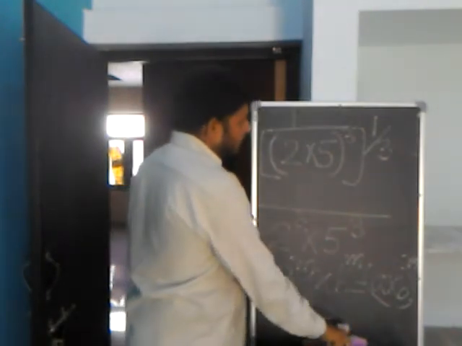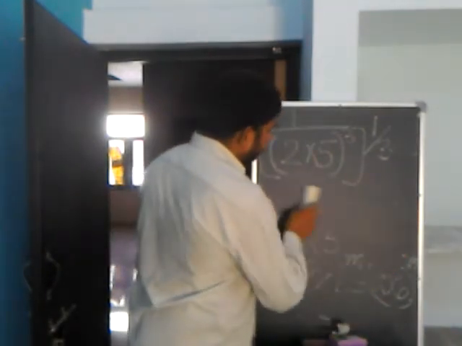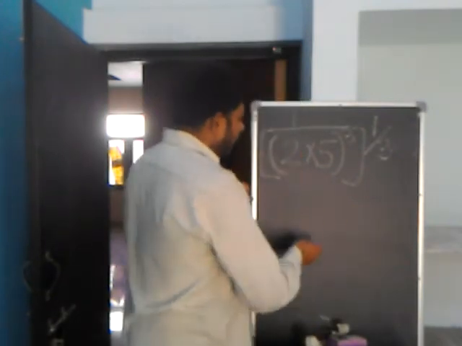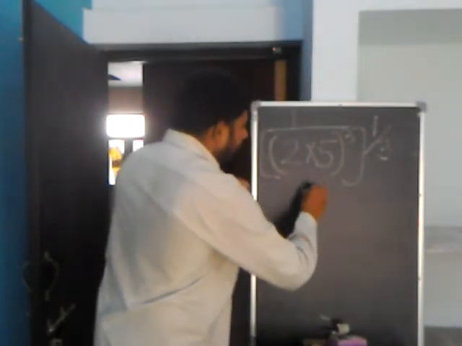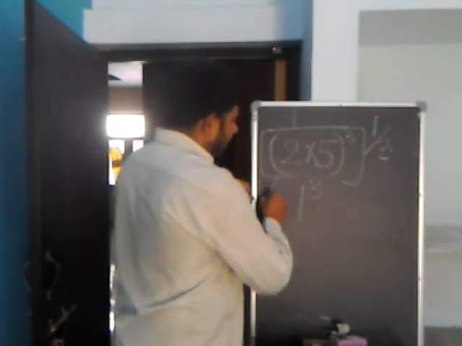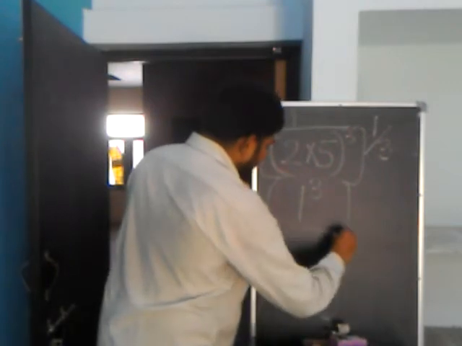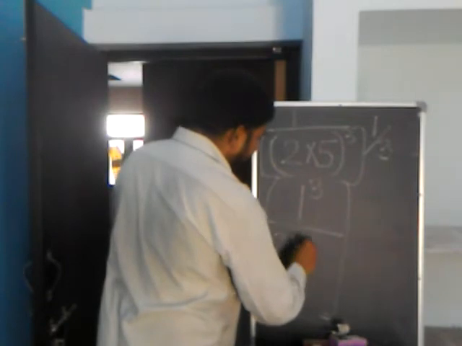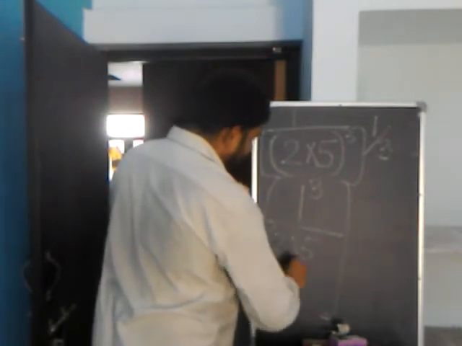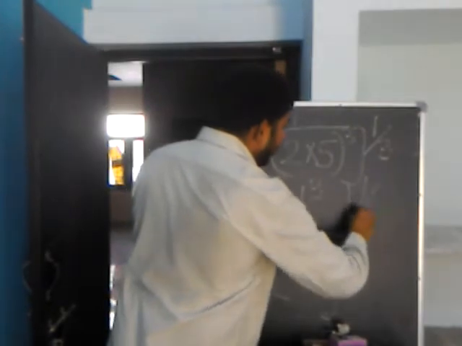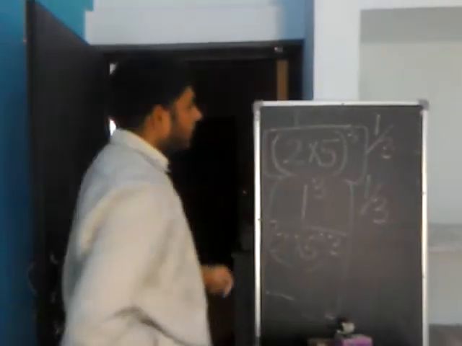Now I can write it like 1 upon 2 raised to the power 2 into 5 raised to the power 3, and out of both of them is 1 by 3.